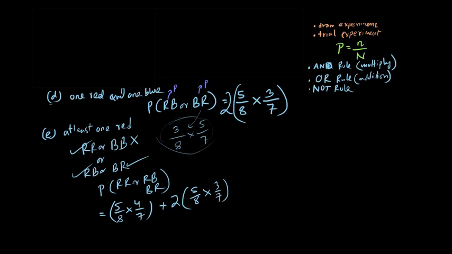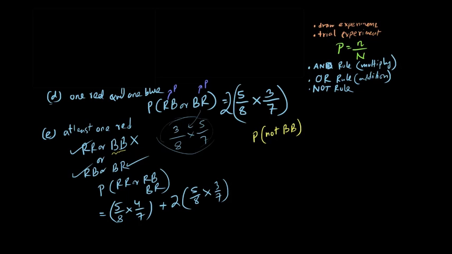The same thing can be done using the NOT rule. The NOT rule simply says, when you take the total probability and remove whatever is not needed, you will get the rest of it. So there are two ways of doing the same math. Instead of adding each and every one that we want, we can just say probability of at least one red means from the total probability it is not going to be blue and blue.